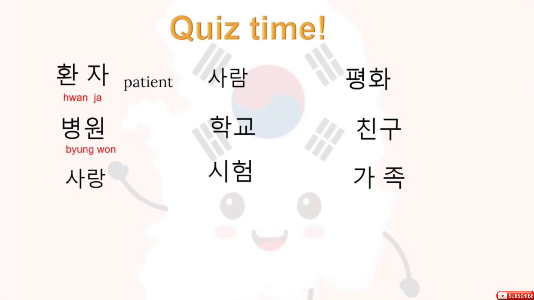And the next one is 병원, 병원. Those two have the final consonant, and it means hospital. Next one, 사랑, 사랑. Maybe you have heard this word a lot of times in a Korean song, K-pop or K-drama.